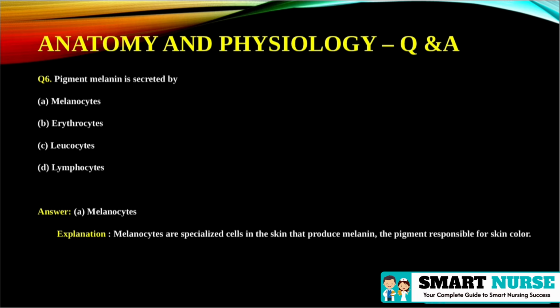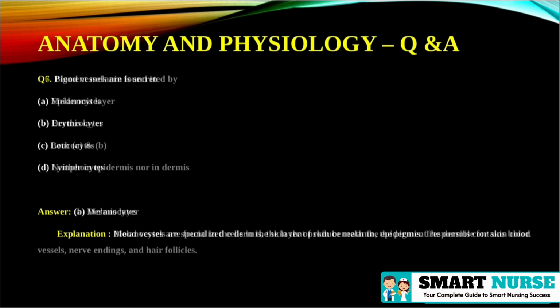Melanocytes are specialized cells in the skin that produce melanin, the pigment responsible for our skin color. The next question is, blood vessels are found in option A epidermis layer, option B dermis layer, option C both epidermis and dermis, option D neither in epidermis nor in dermis.